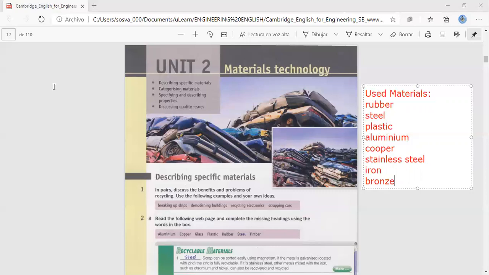I think it's important to identify the materials with several aspects. In this case, using the function of the material, we should know different functions and which is more useful.